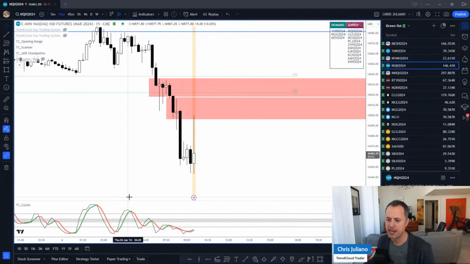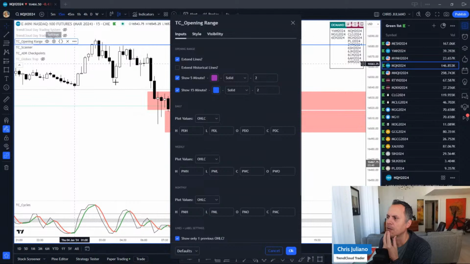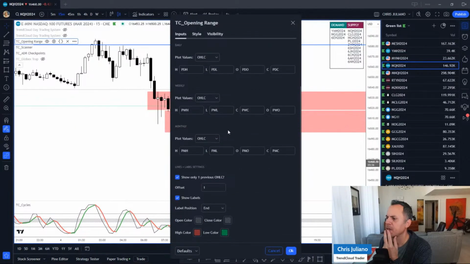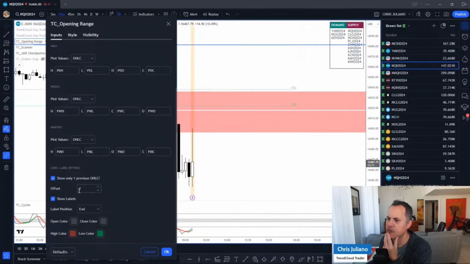Let's see, not on the chart. If it's not on your chart, Gary, then it's something inside of that opening range tool. And let's see here. If we click off of show labels, nope. Show only one.